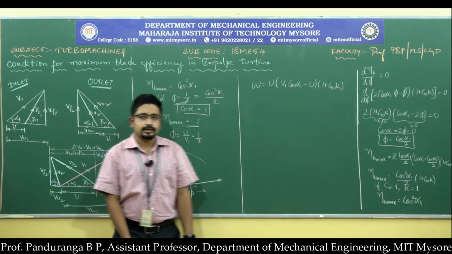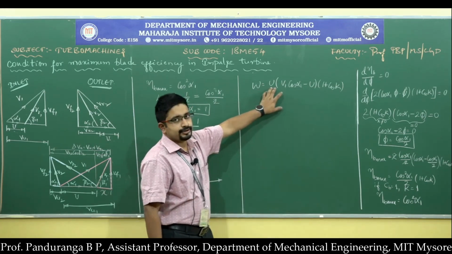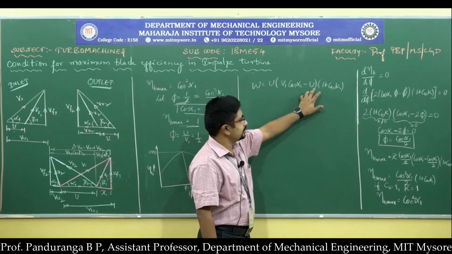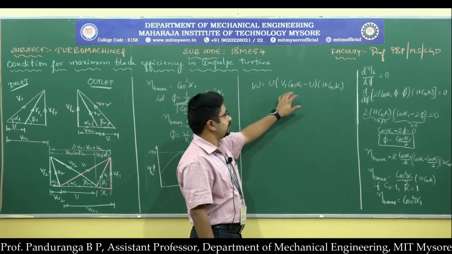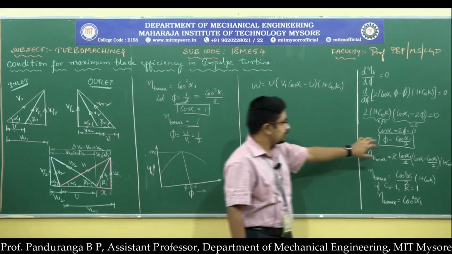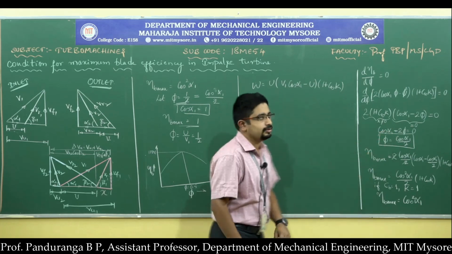Now let us see the work done equation. So the work done is given by U into V1 cos alpha 1 minus U into 1 plus Cb K. Now let us substitute the condition for maximum utilization, where I can write phi is equal to cos alpha 1 by 2, that is cos alpha 1 is equal to 2 phi.